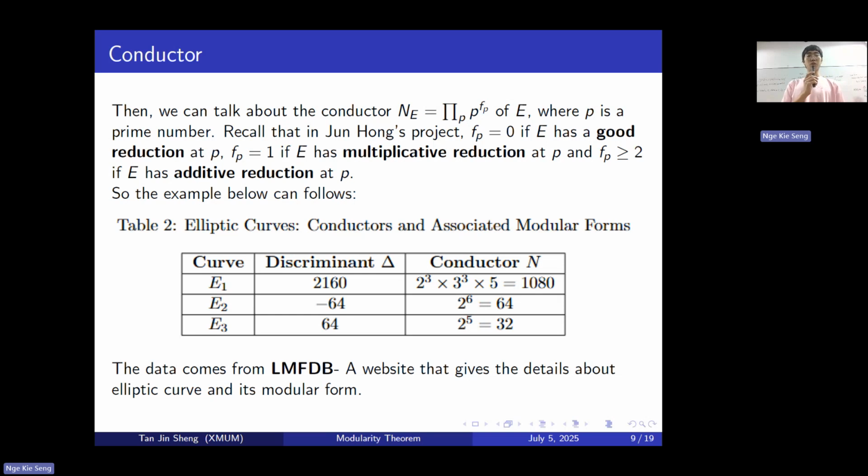There's a calculation we can get from elliptic curves. If we calculate the discriminant, then we can get the conductor. This conductor comes from the website LMFDB. It has details about the elliptic curves and its modular form. And that's it.